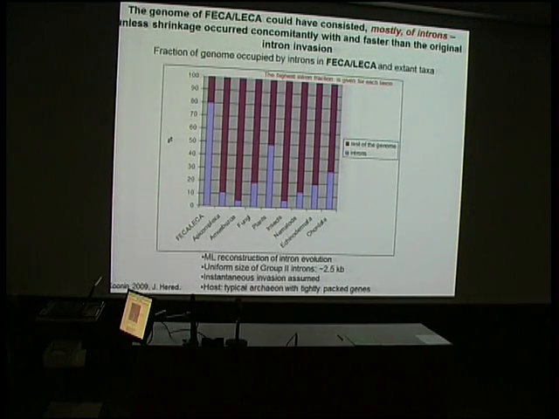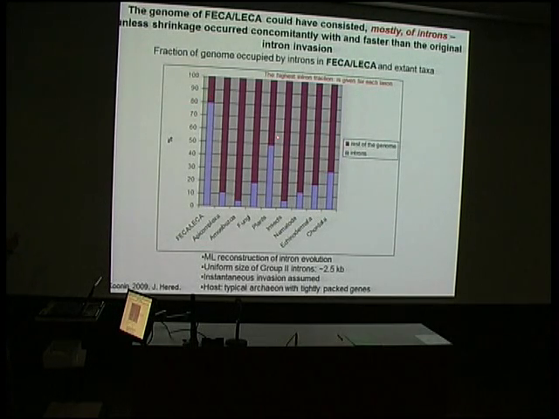And more dramatically, it's very easy to estimate that the genome of the last common ancestor of eukaryotes actually consisted mostly of intronic DNA, by about 80%.